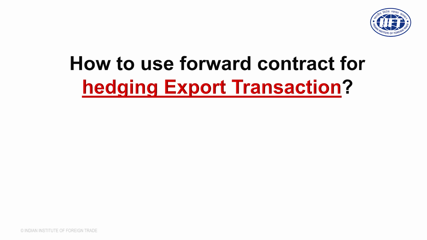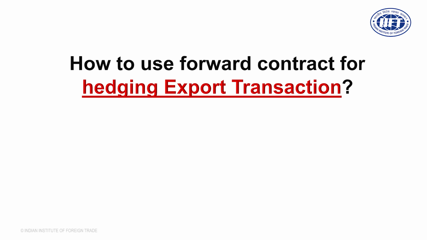So best is you go to the bank, pay 1,000 rupees, give them the detail of your export transaction. They will give you in writing the forward rate which will be applicable when your payment will come after 1 month.